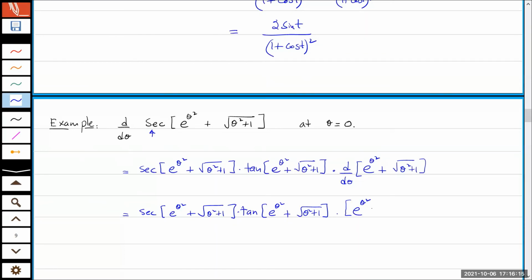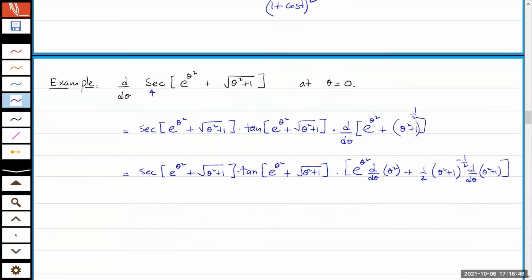By the chain rule, I will have the derivative of theta squared with it. For the root of theta squared plus 1, first I have to deal with the root. I'm going to take away the root. Instead, I put 1 over 2. So 1 over 2, theta squared plus 1, I subtract 1 from 1 over 2, I get negative 1/2. This is the power rule. But then, by the chain rule, it has to be multiplied by the derivative of theta squared plus 1.